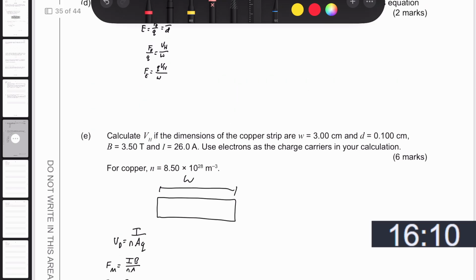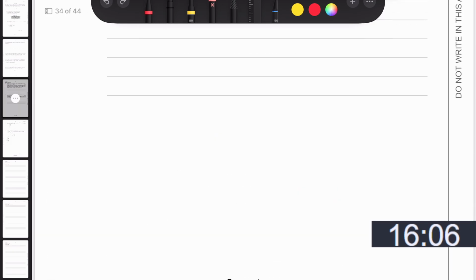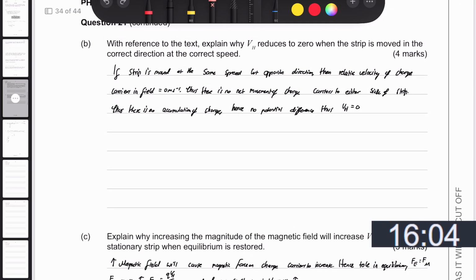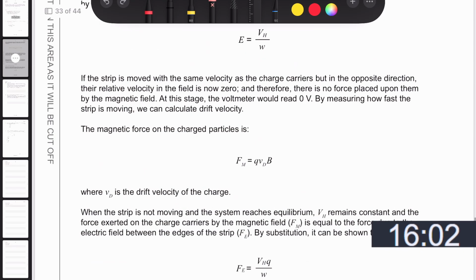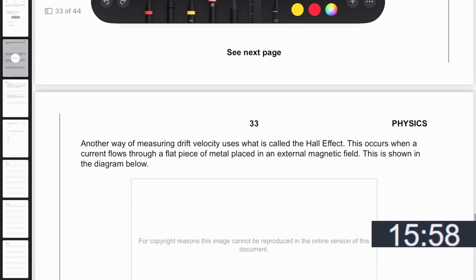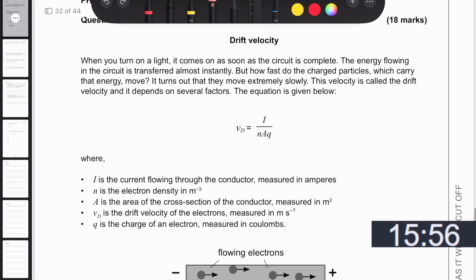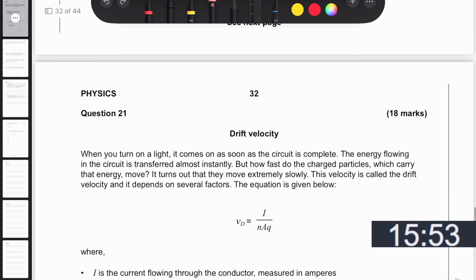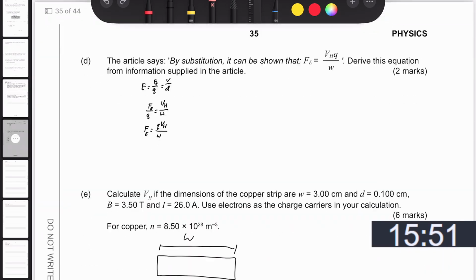I assume the cross section is just going to be these two multiplied, but I don't know what D is. They never mentioned a D, I think. So there's literally no D. I don't know what that is. It's depth.